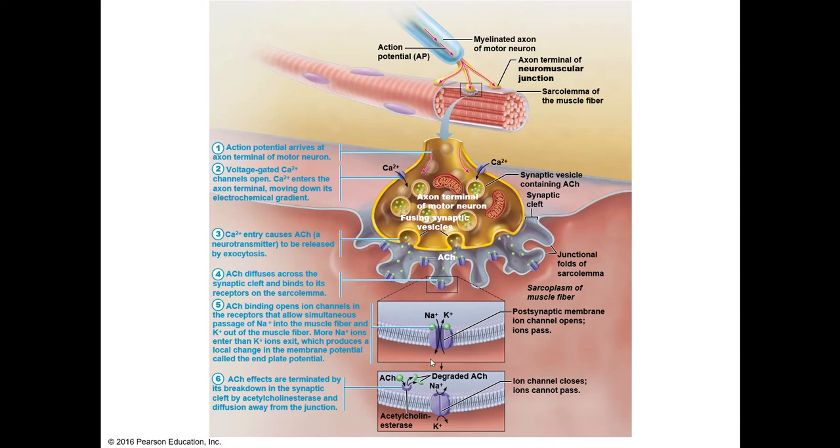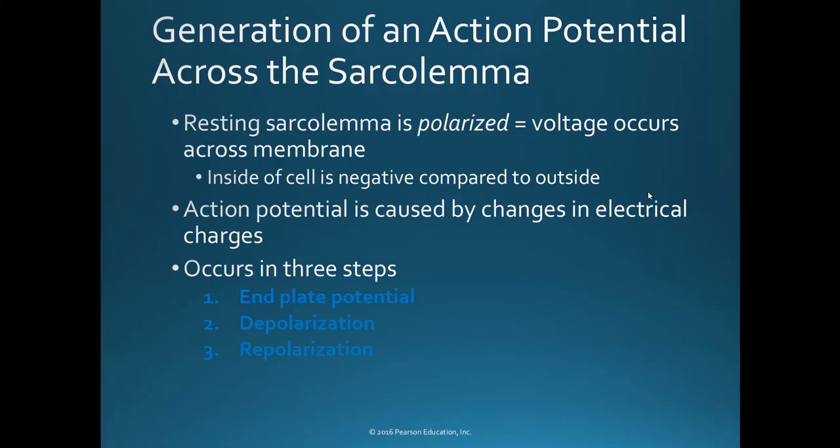It depolarizes this particular part of the muscle membrane. The signal then spreads this way and this way. And that leads us into the second set of steps that have to do with excitation-contraction coupling.